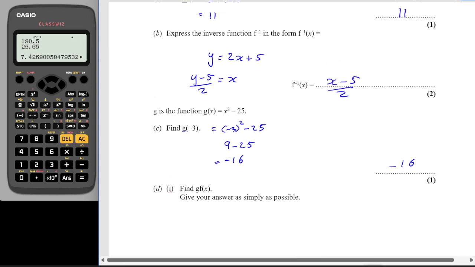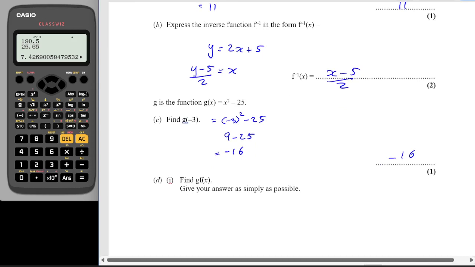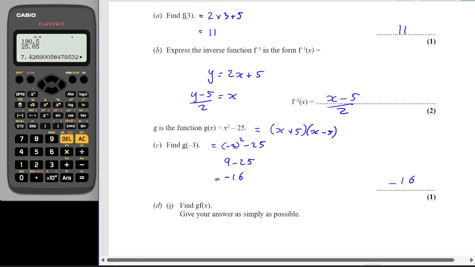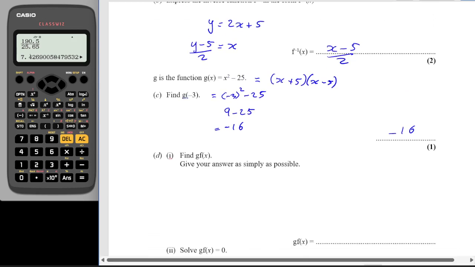Right. I might use the fact that we've got a difference of 2 squares here. I'm not saying this is the only way of doing it. Let's just say that that is x plus 5 times x minus 5. And then I'm going to be substituting in 2x plus 5 in place of x.